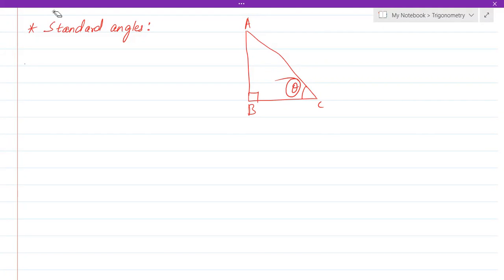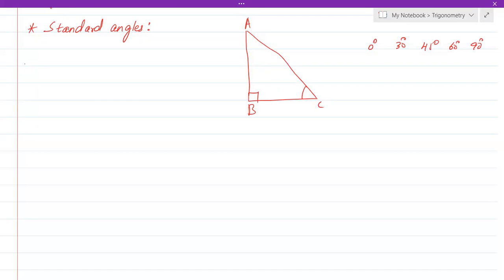Now there are certain standard angles, certain specific angles where we can find those values easily. So these are known as standard angles. For example, we can find the sine of 0, 30, 45, 60 and 90 degrees. These five angles are said to be standard angles because these values can be found very easily.